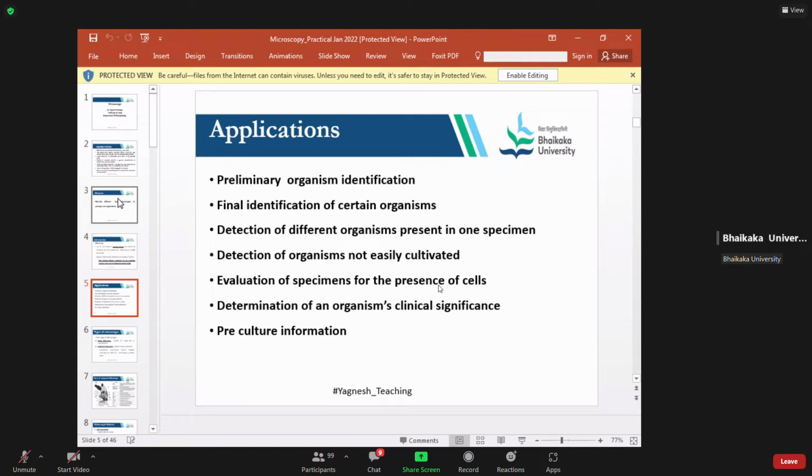Determination of an organism's clinical significance. This is again very important, because the number of microorganisms present on the body or inside the body is very large, say 10 to 30. Very large numbers of organisms are present on the surface and inside the body. So we want to determine whether this organism is clinically significant or not.